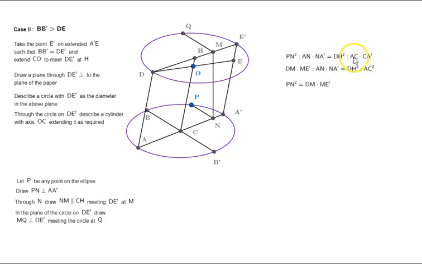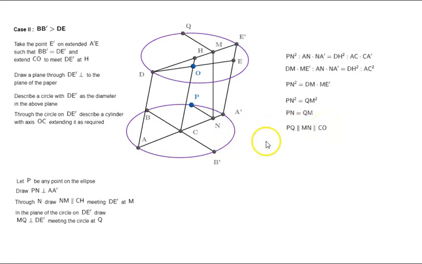Here, right hand sides are equal. That means left hand sides are equal. And here PN square and DM times ME prime both have the same ratio with the third magnitude. So since they have the same ratio with the third magnitude, they are equal to each other. So PN square is equal to DM times ME prime. Now DM times ME prime is equal to QM square. So we can say PN square is equal to QM square, which means PN is equal to QM.